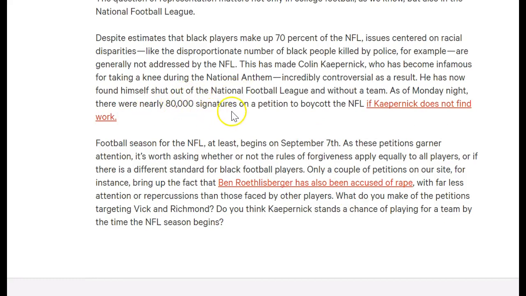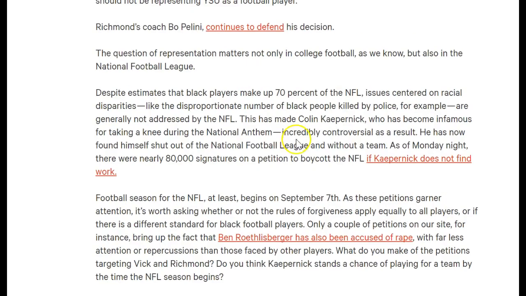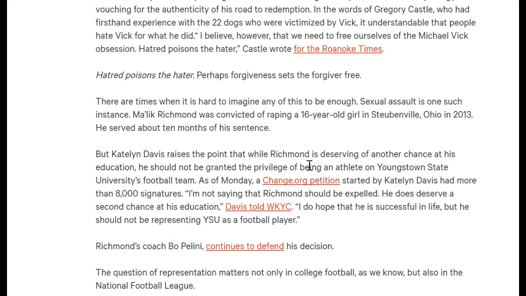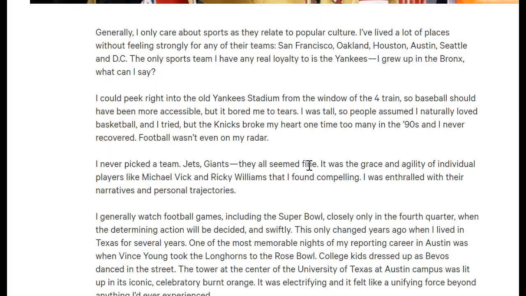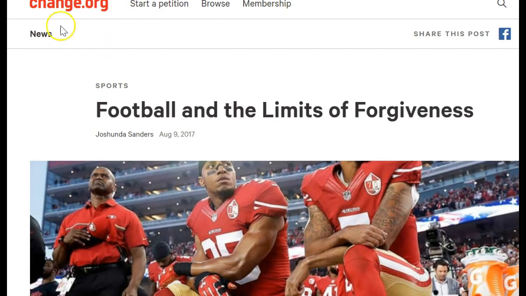There are nearly 80,000 signatures on a petition to boycott the NFL if Kaepernick does not find work. I mean, okay, this guy's a failed quarterback. This guy's terrible. And so they're supposed to hire this guy? You hire a failed quarterback for what? This is on change.org's blog, by the way.